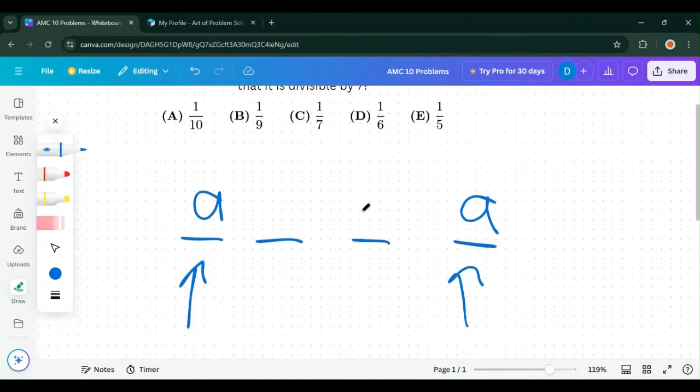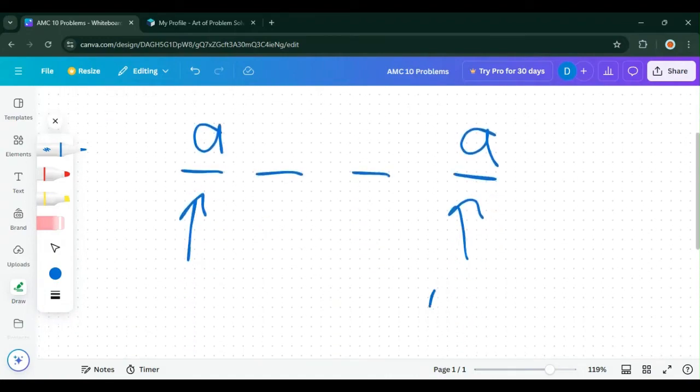This is the units digit, this is the hundreds, and this is the thousands digit.